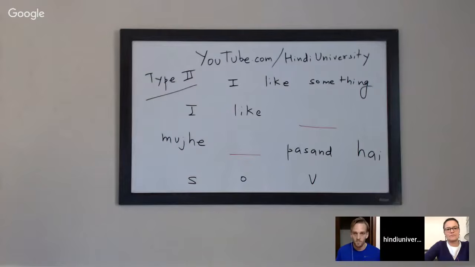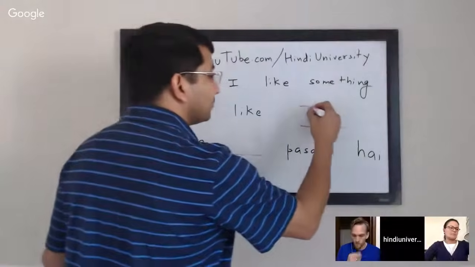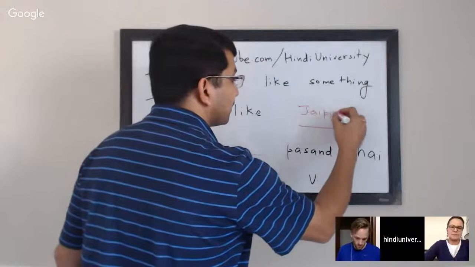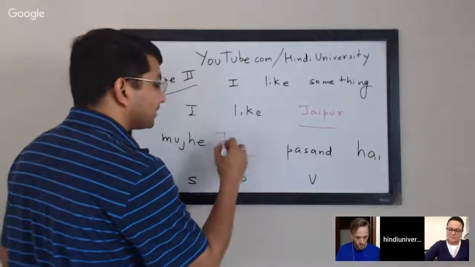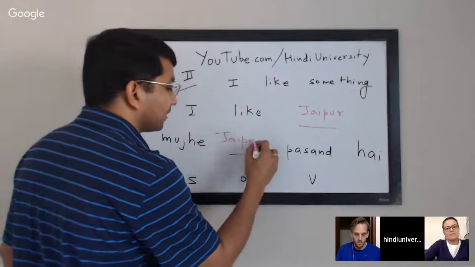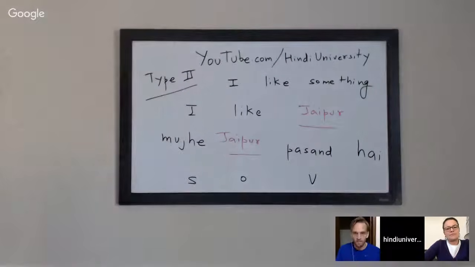You can say मुझे, if you're talking about a particular city, I like Udaipur or I like Jaipur. You can say मुझे जयपुर पसंद है, and that will be completely fine. Or it could be a particular monument, like Taj Mahal: मुझे Taj Mahal पसंद है. It could be about a particular activity.